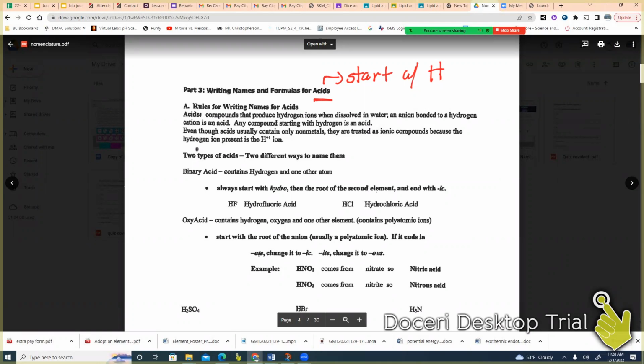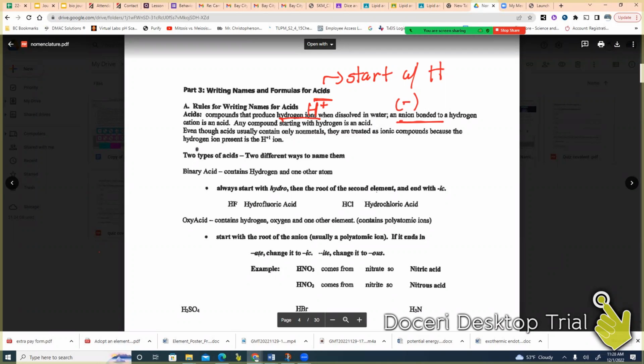So acids are compounds that are produced by the hydrogen ion, hydrogen plus hydrogen ion, and they are bonded to an anion, which is something negative.